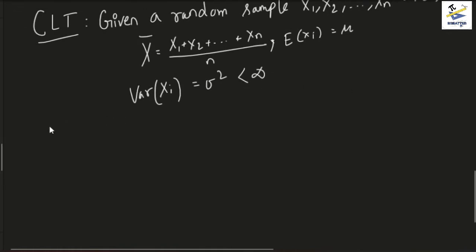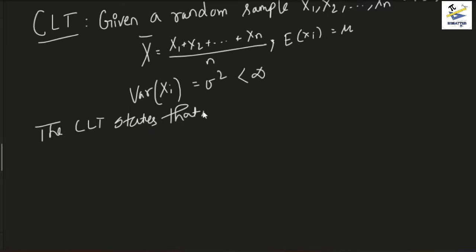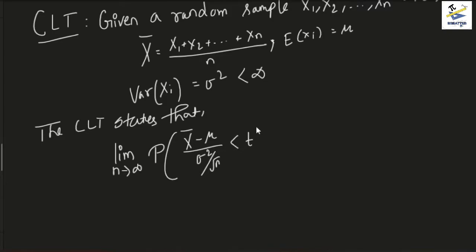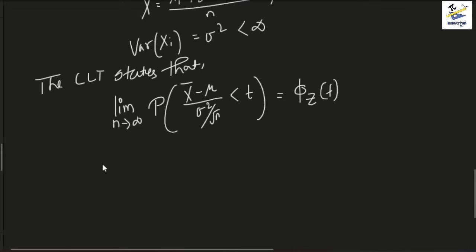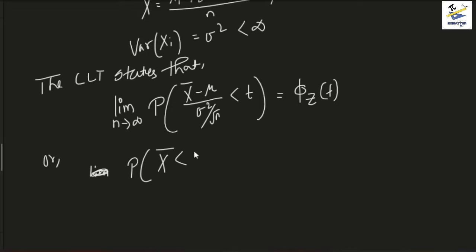So when this happens, the CLT states that this, or in other words, you can write like this: the probability of x bar less than some t can be written as the probability of z, where z is a standard normal variable, less than (t minus mu) by sigma square.